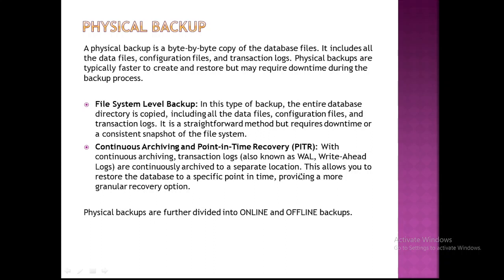All the logs for a database are stored at some place, and you can use those logs to restore the database. This is a more advanced type of file system level backup, and it also has all your data. So these are the physical backups.